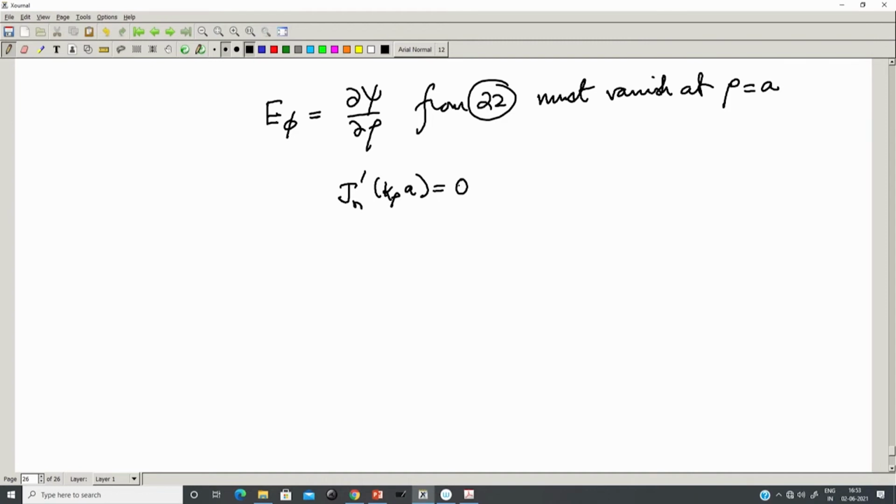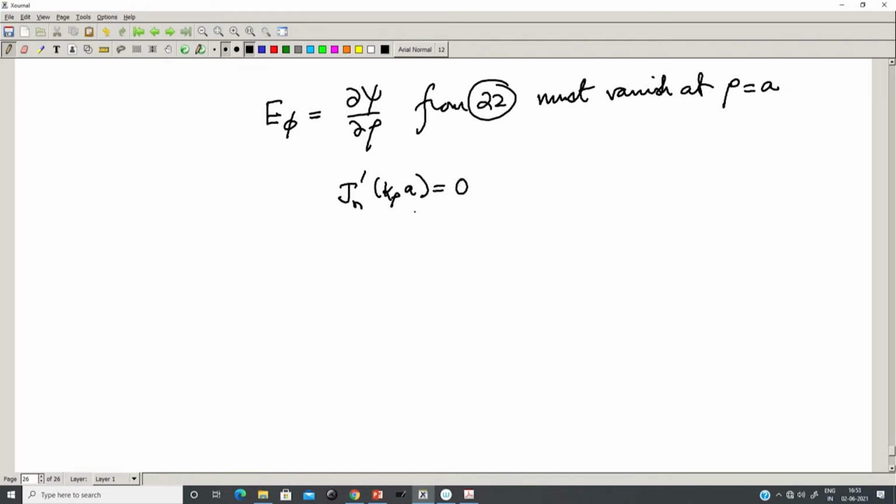Now, we know that J n are oscillatory functions. We have discussed before that J n k rho is analogous to cos k rho. So, they are oscillatory functions. So, J n prime or J n dashed k rho A must be also an oscillatory function.